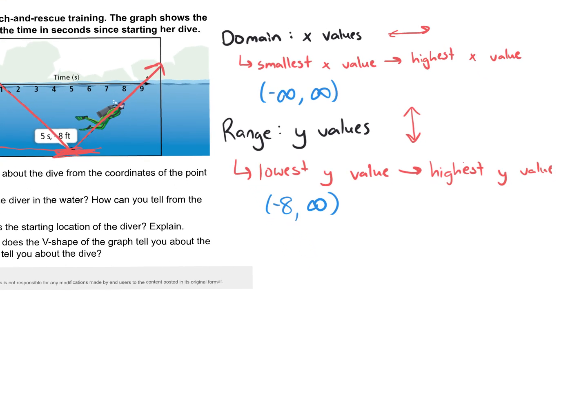Next one we're going to talk about, something that you're familiar with, is x-intercepts. What does it mean to be an x-intercept? What does it cross? It crosses the x-axis. So let's say where it crosses the x-axis.